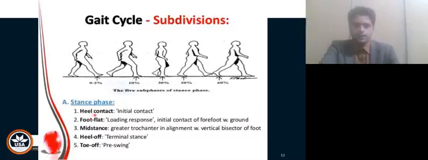Stance phase, gait contact or initial contact. Foot flat is the loading response. Mid stance, when the tibia is in alignment. Heel off or terminal stance. Toe off or pre-swing.